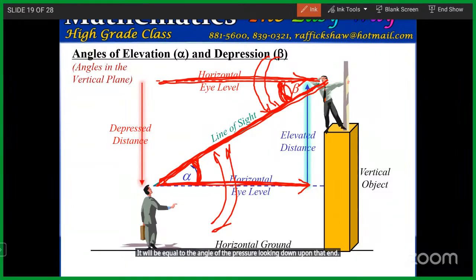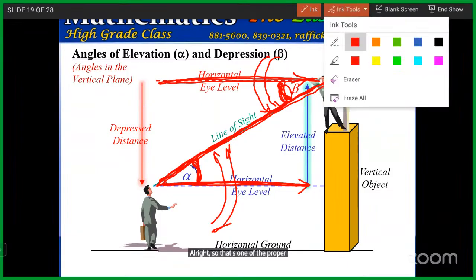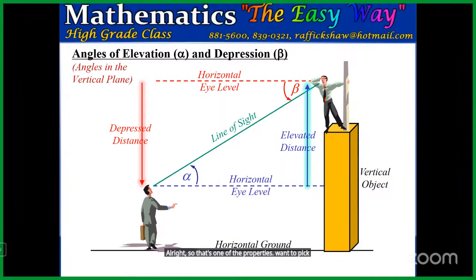The angle of elevation and the angle of depression on the same line of sight will be equal because both of them are measured from the horizontal, and the horizontal is parallel at the top as it is at the bottom. All right, so that's one of the properties we want to pick up from now.